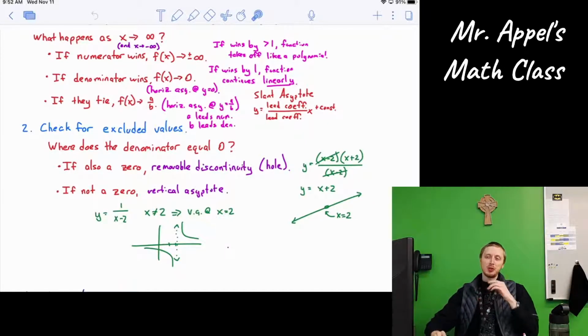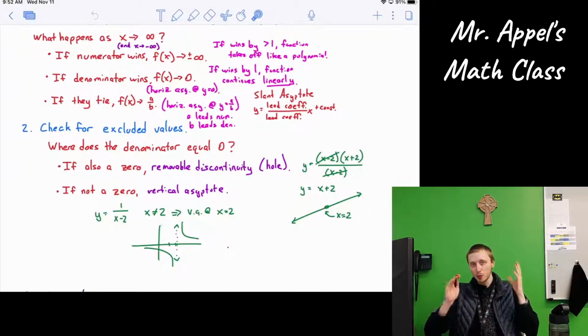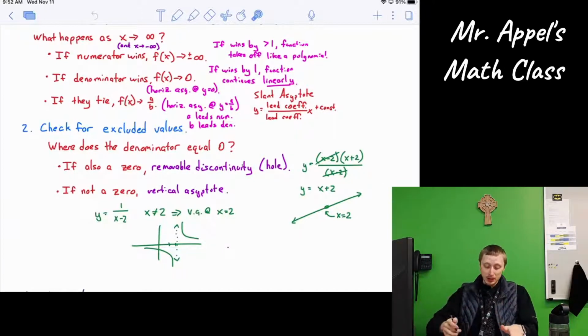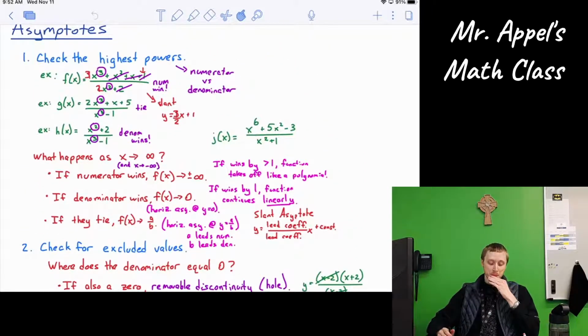But I thought about it a little more, and I said, you know what? There's a better flow for this. So I'm going to share with you my preferred workflow in dealing with these. Instead of going for the asymptotes right away, I still would consider the highest powers first.